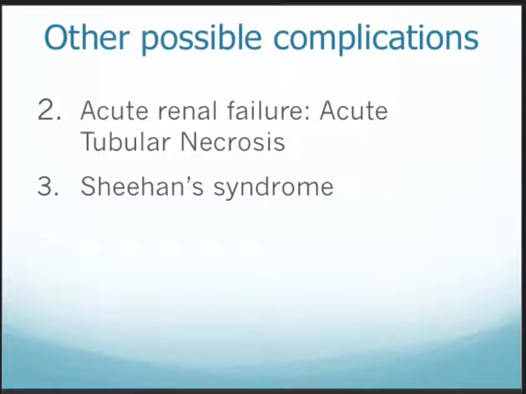Sheehan syndrome is a specific syndrome which is due to massive PPH, and it's the consequence of the anterior pituitary gland, which was already slightly enlarged due to the pregnancy, being infarcted. And the last consequence, and the most feared, is of course maternal death.